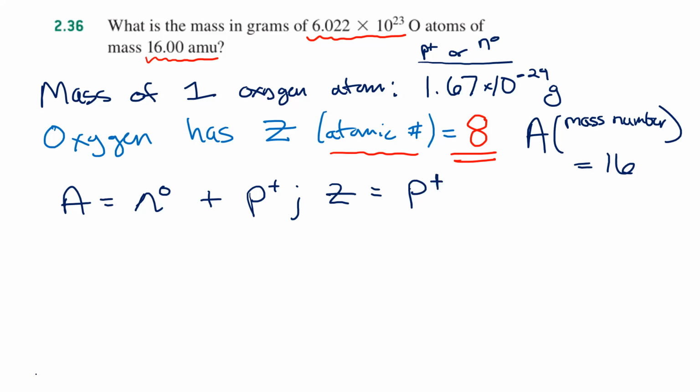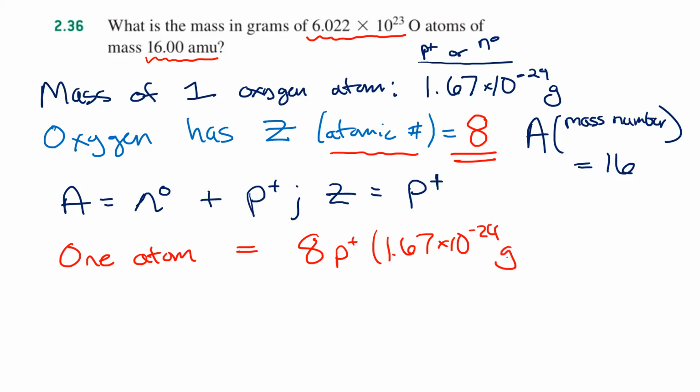So what we can do then is say that one atom is equal to 8 protons times 1.67 times 10 to the minus 24 grams per proton, plus 8 neutrons times 1.67 times 10 to the minus 24 grams per neutron.